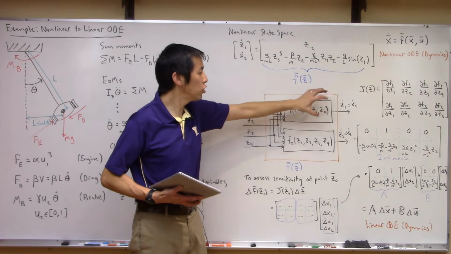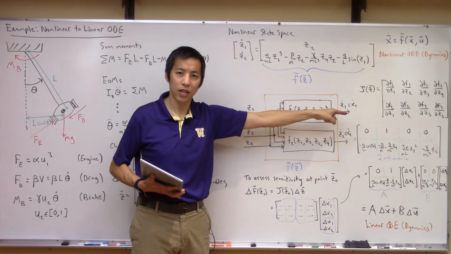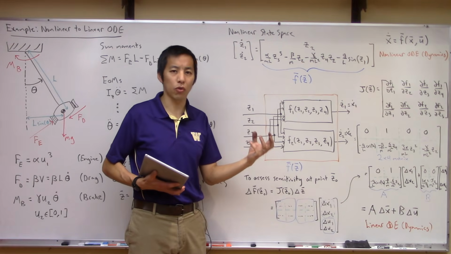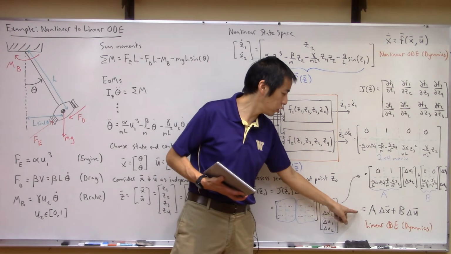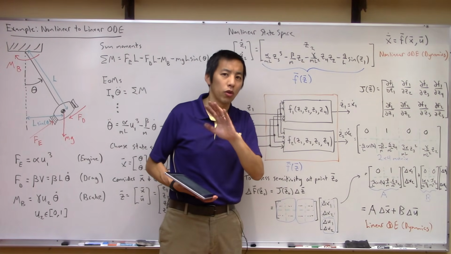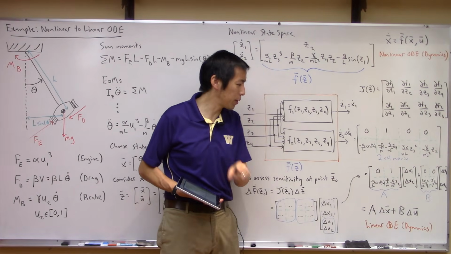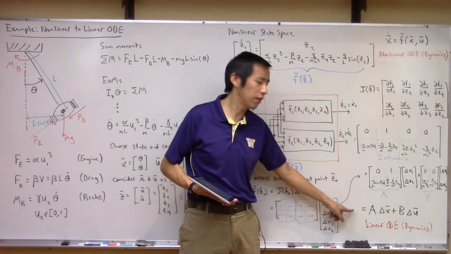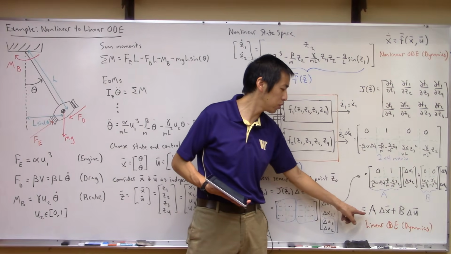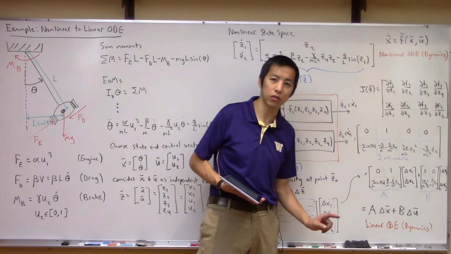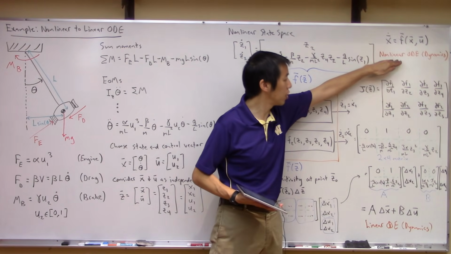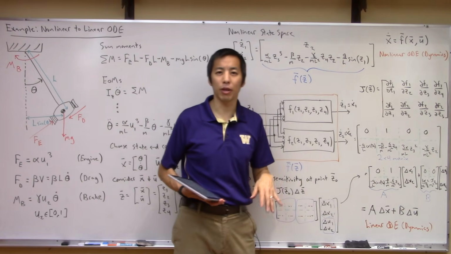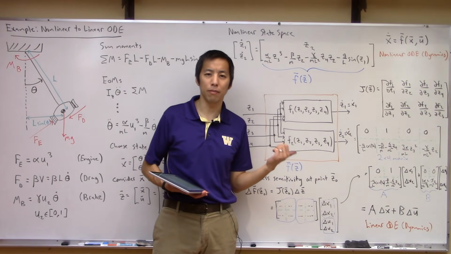And now we can use this Jacobian matrix to linearize the system and turn it into, and again, hold on, we're not totally there, so don't quote me on this, but we're 90% of the way to x dot is equal to A delta x plus B delta u. So we're going from nonlinear to linear dynamics, and the Jacobian is the key to making all of this work.